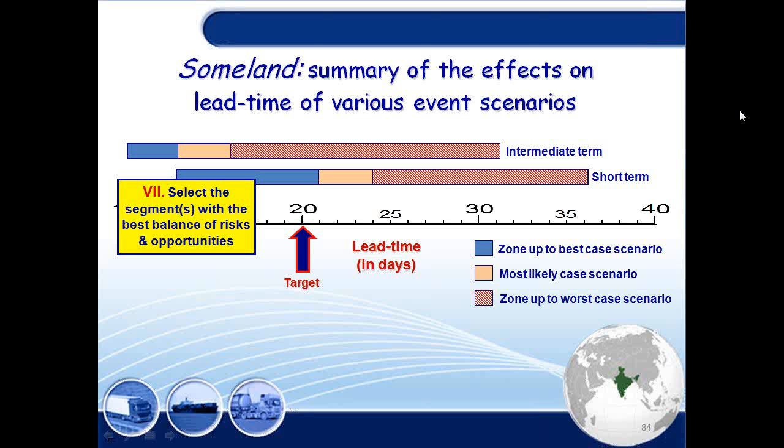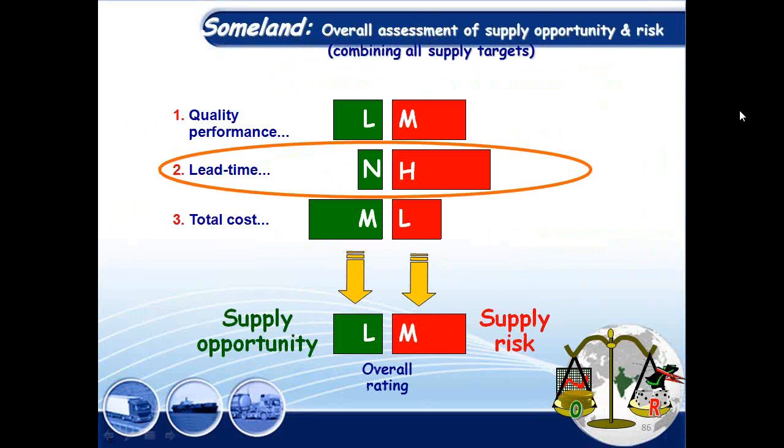In the intermediate term, you may not be at your best. If I look at the most likely case scenario, you can see the color zone in the very short term and the zone up to the worst case scenario. In the worst case scenario, it can go up to 36, 37 days. So that's where you really work it out your own way.